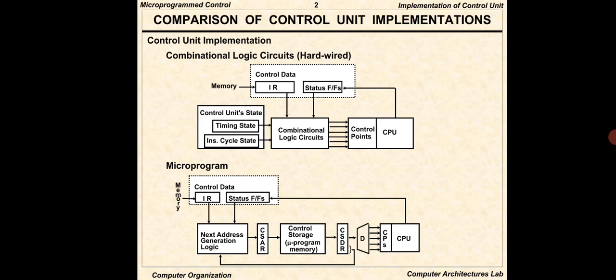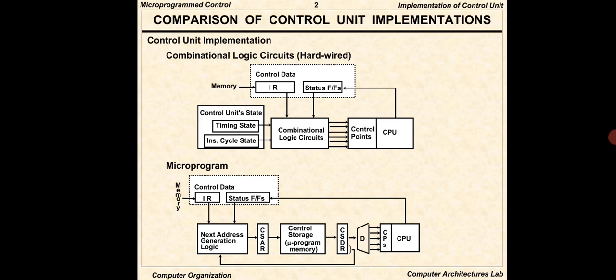With respect to this IR register, you have the status flip-flops, which give the status of the particular instruction which has been executed, or the data results. Based upon the data results, you get the flip-flop status. The output of the instruction register and the status flip-flops is given to the combinational logic circuit to perform certain combinational logic on the given data.